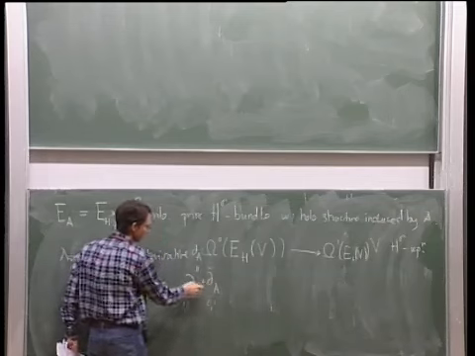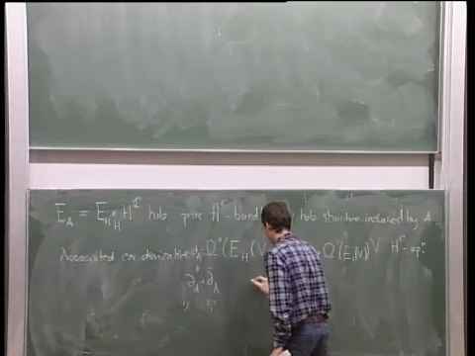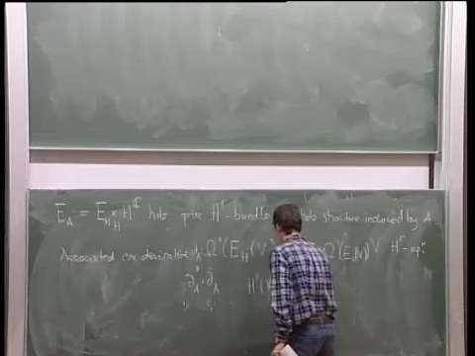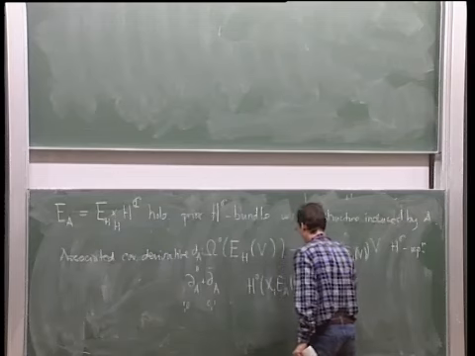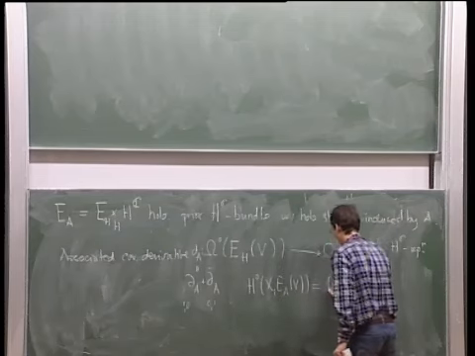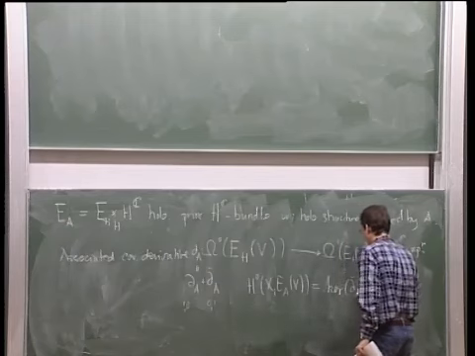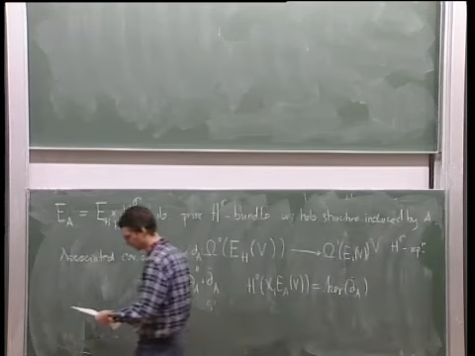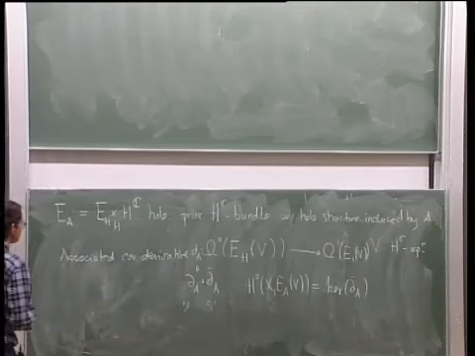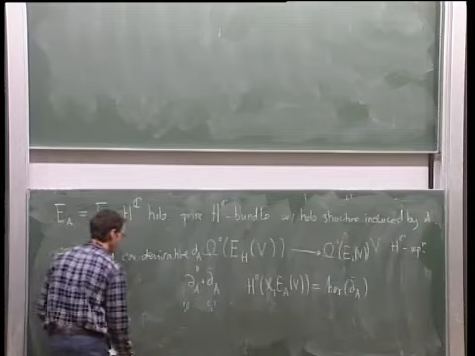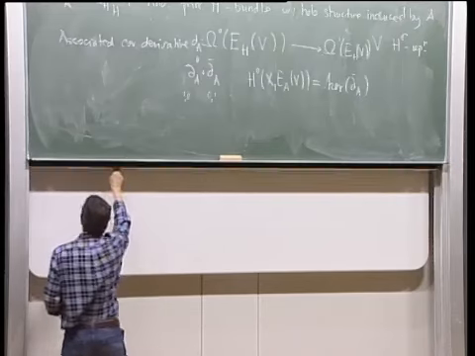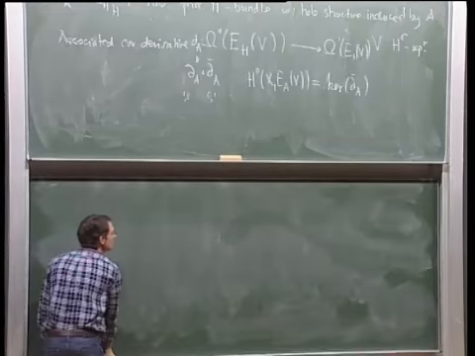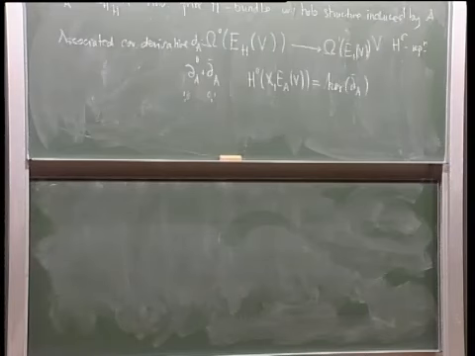So the smooth sections that are annihilated by bar-partial_A. So H^0(X, E_A) is the kernel of bar-partial_A. Okay. So that gave us a holomorphic principal H^C bundle.